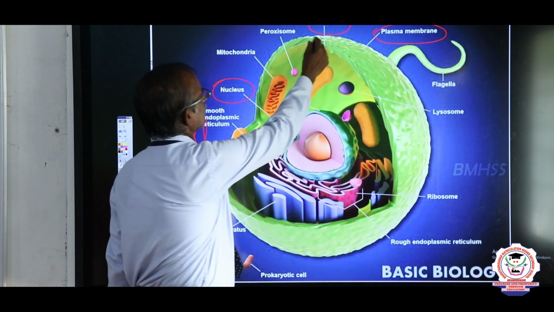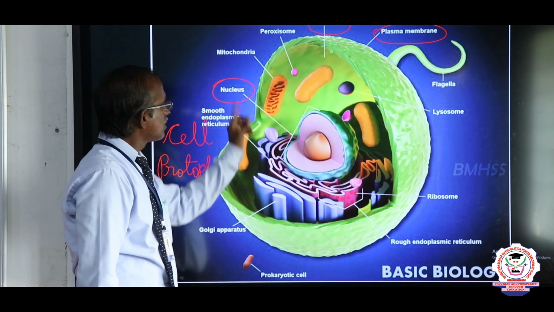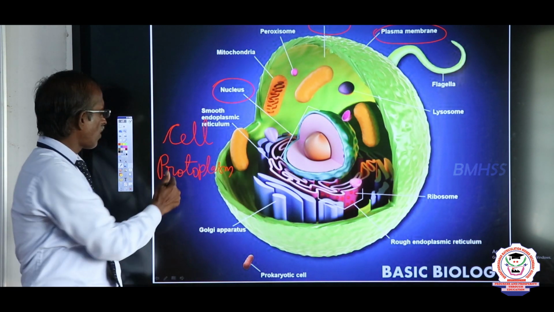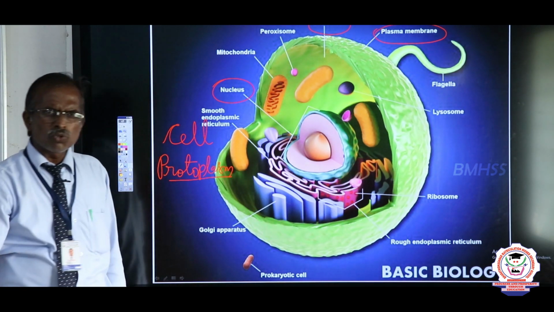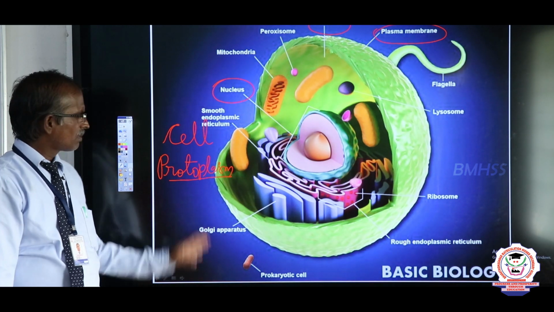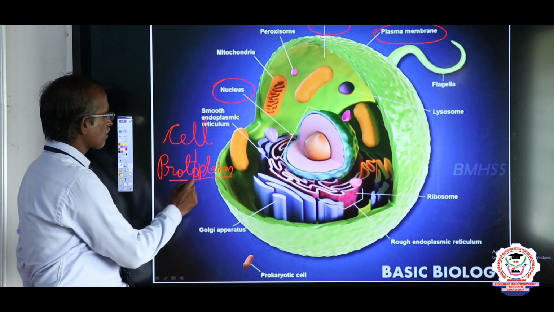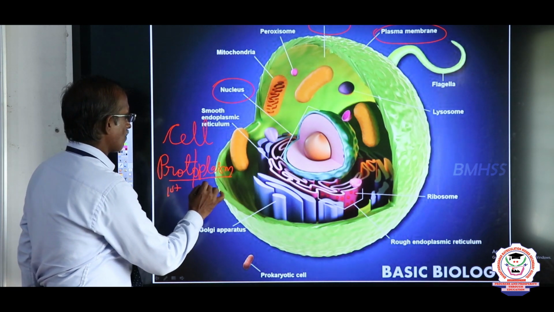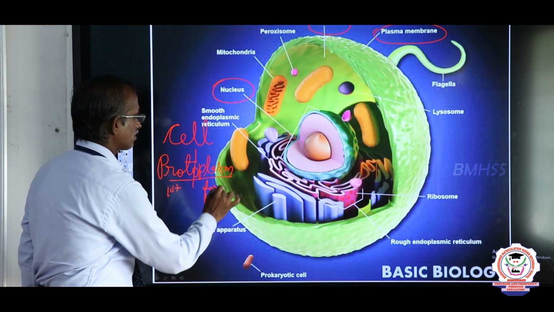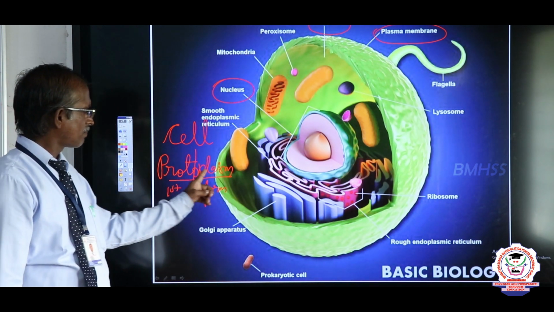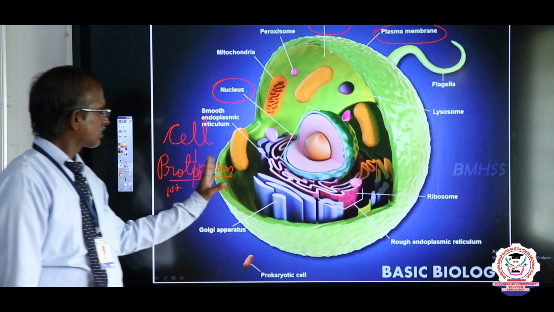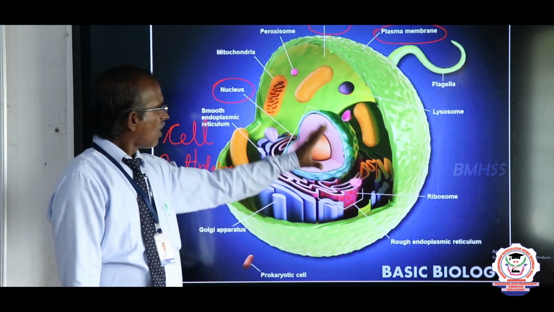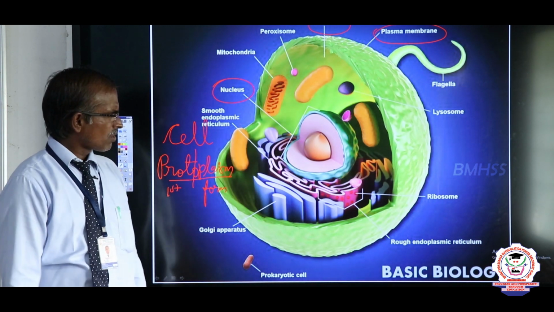The cytoplasm and nucleus together form the living material known as protoplasm. Proto means first, and plasm means form. Every cell consists of protoplasm.